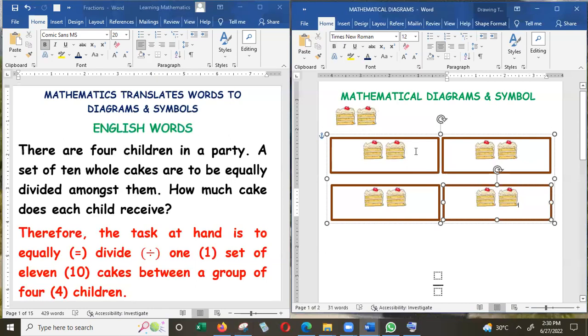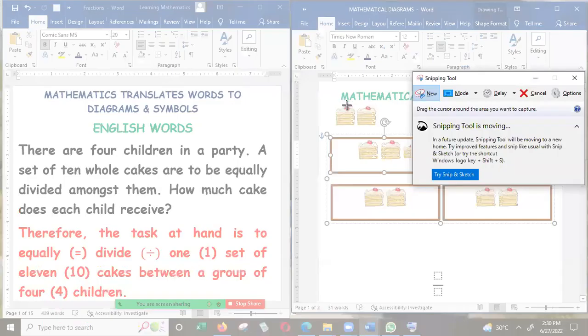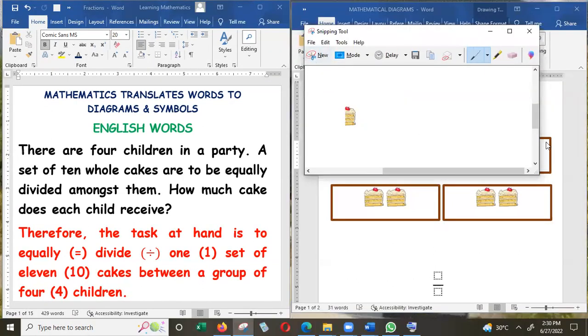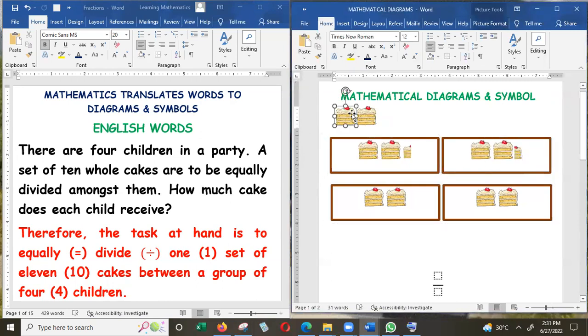So this child has 2.5 cakes. Okay. And the other half of that cake, give it to that second child. So they both have 2.5 cakes.